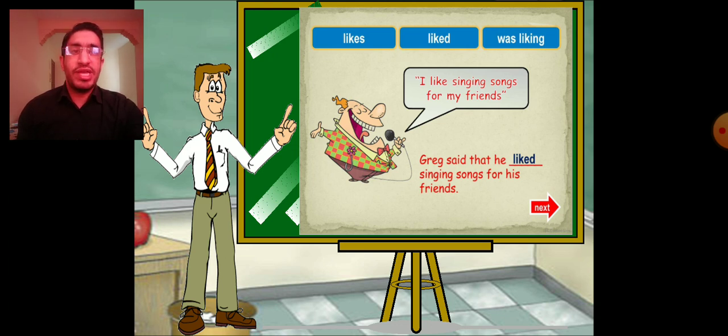So here: I like singing songs for my friends. The correct verb: is it likes, liked, or was liking? Bear in mind that the direct speech statement is in the simple present. I like singing songs for my friends. As we said earlier, simple present becomes simple past.